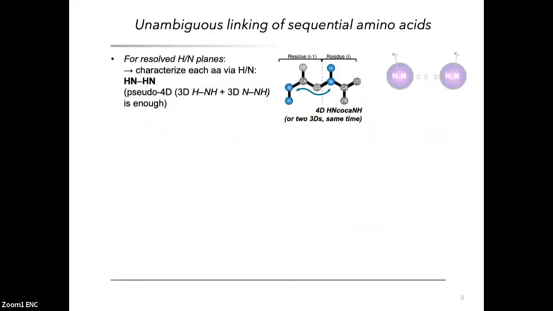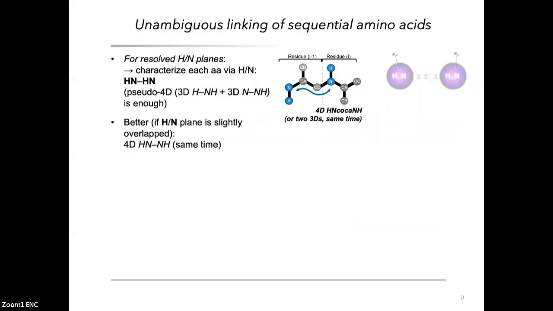So if we have nicely dispersed HN peaks, then we can get, for example, dispersion in sequential linking with HN-HN 4Ds, or even pseudo 4Ds, like one HNH and one NNH experiment.